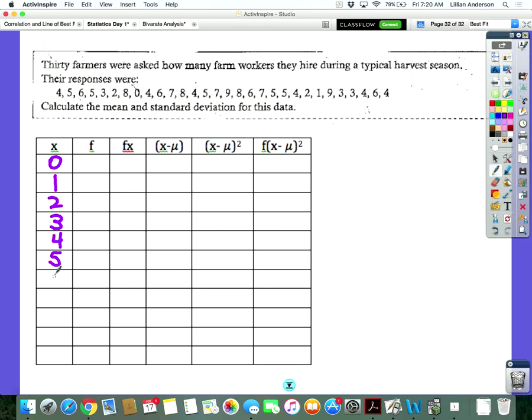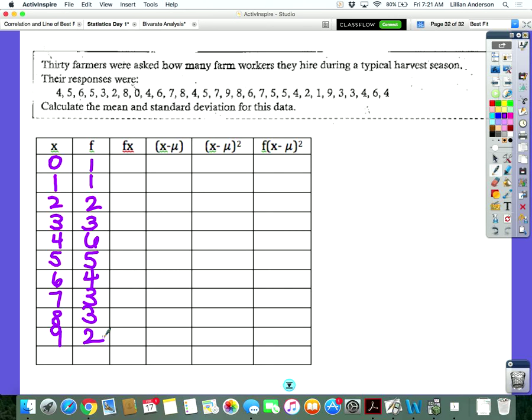I have one 0 and one 1, two 2s, three 3s, four 4s, five 5s, four 6s, three 7s, three 8s, and two 9s. Okay? I believe all those numbers add up to 30, and they do.